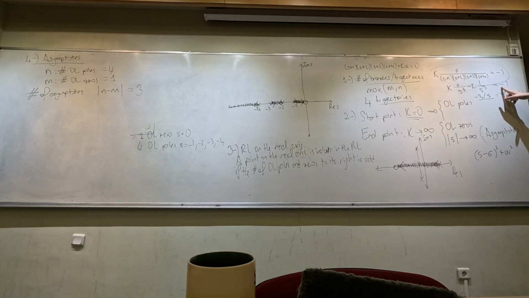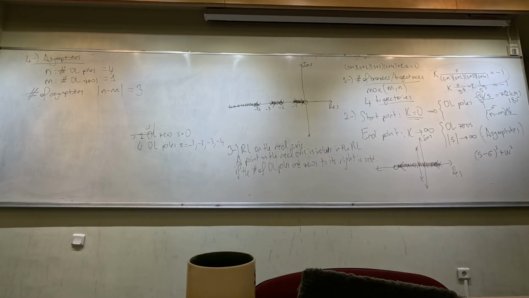The angle of the point minus 1 can be represented like this, and the angle of 1 over s cubed, the angle of k is always 0, and the angle of 1 over s cubed is minus 3 angle of s. So here this 3 is nothing but n minus m. Okay, it is 4 minus 1 in this case. And in the general case, we would have n minus m times angle of s equal to this number.